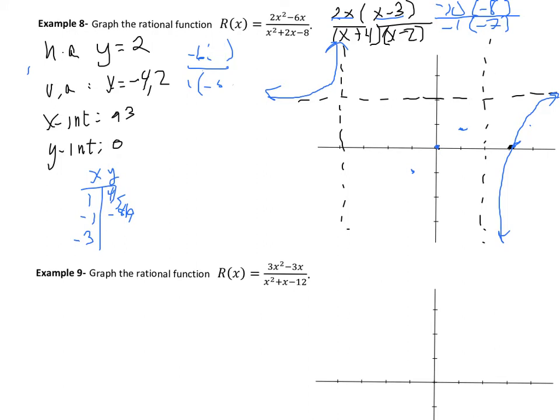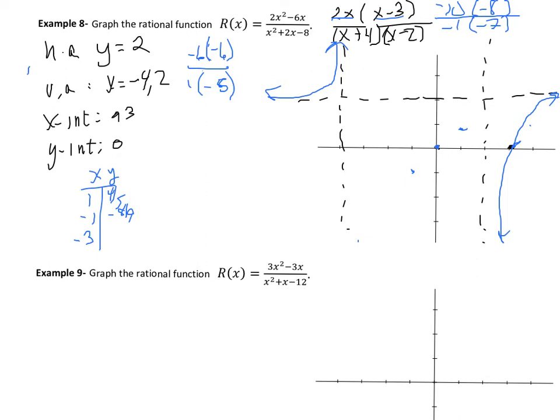So it's negative 6 times negative 6. Okay, beautiful, thank you. On the bottom, negative 3 plus 4 is 1, negative 3 minus 2 is negative 5. So I get positive 36 over negative 5, which is about negative 7, so we're way down here, right? Okay.